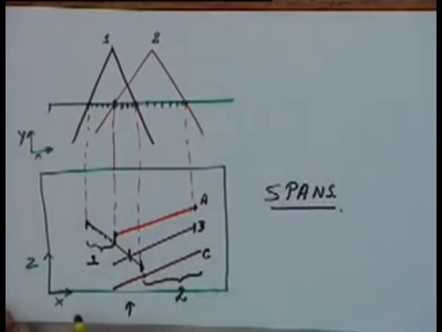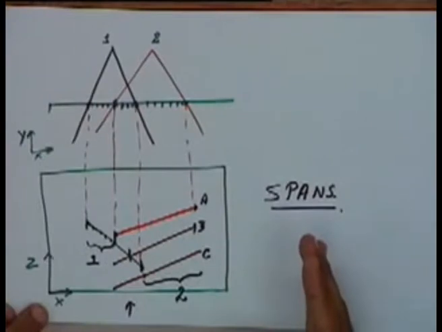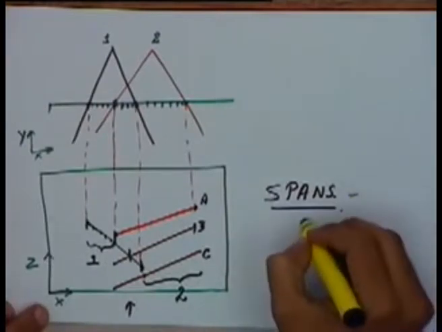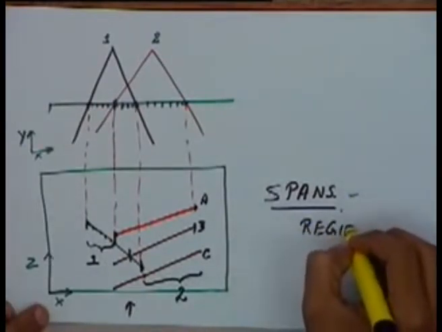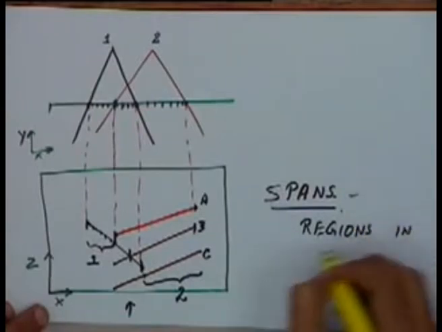Now a span is essentially dividing this x axis into a number of regions. So spans are basically regions in x direction.